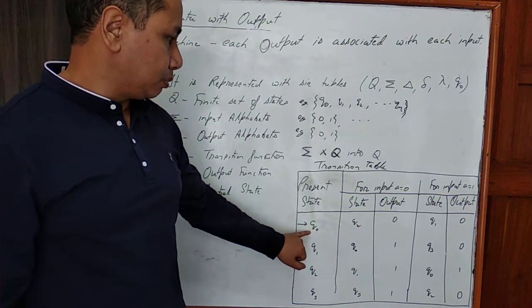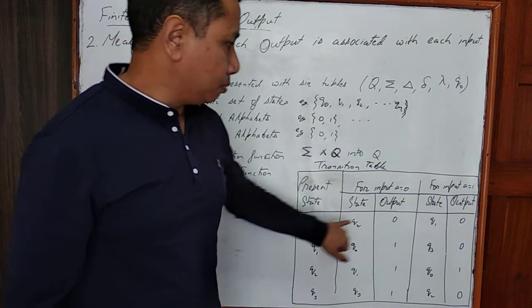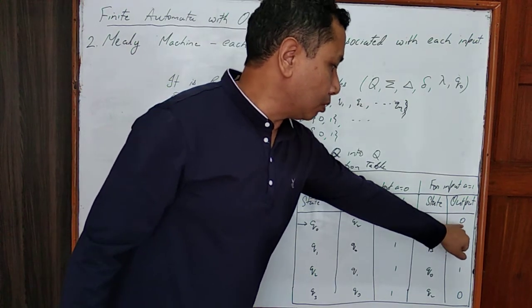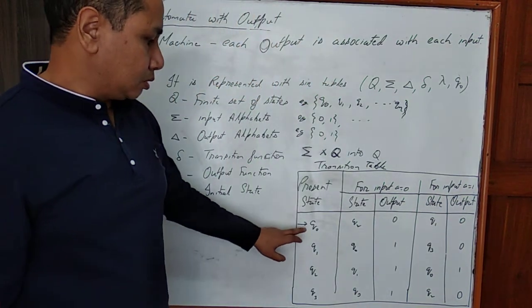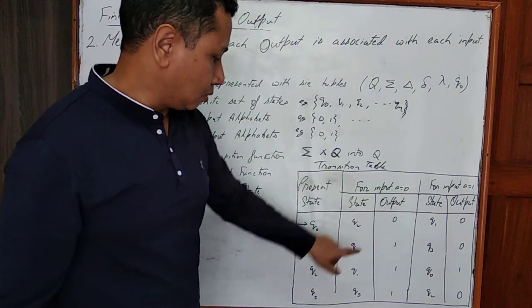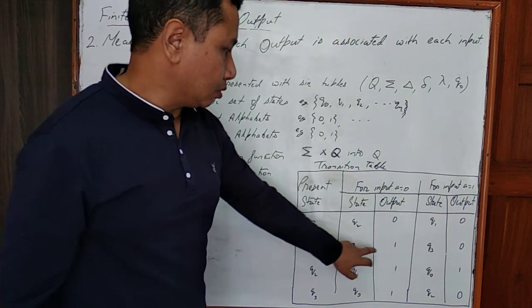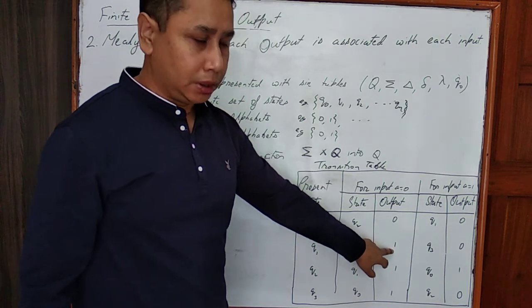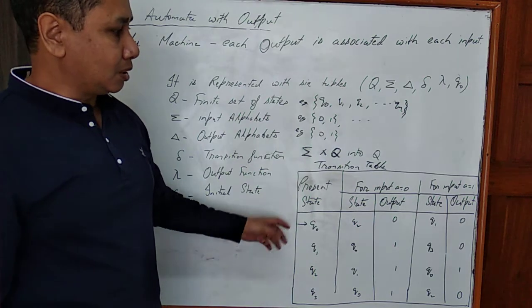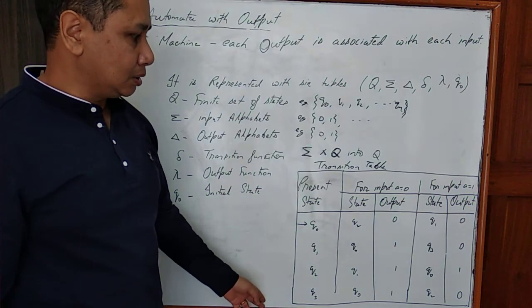Same thing from q0, if the input is 1, it goes to q1 with an output of 0. So it repeats the same way in this process. From q1, if the input is 0, it goes to q0 with an output of 1. So it goes on repeating this way. So this is your entire table and how it is being represented.